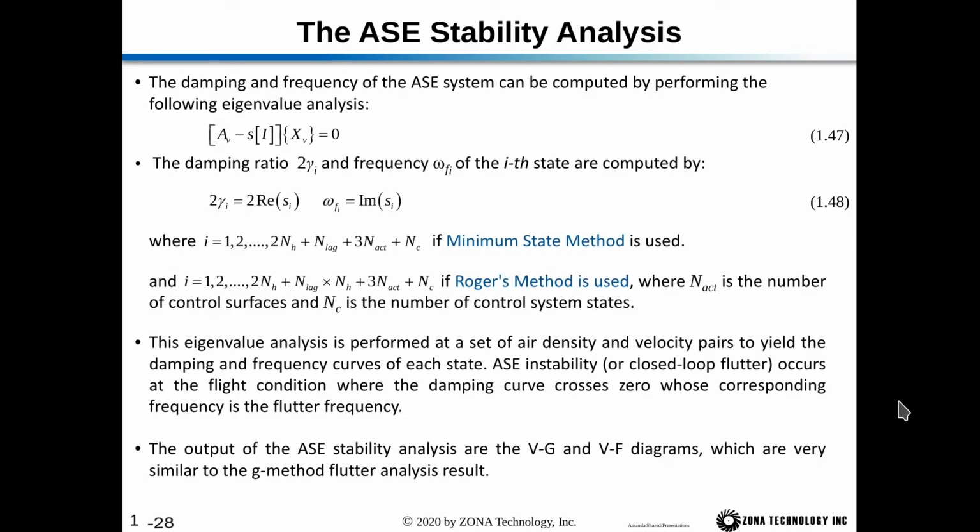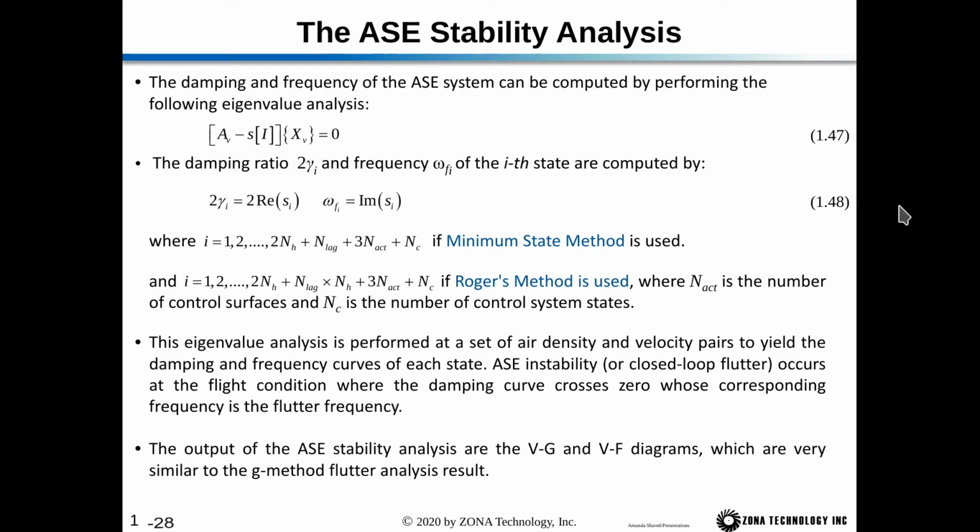So now we'll talk about how ZAERO does the ASE stability analysis. The damping and frequency of the ASE system can be computed by performing the following eigenvalue analysis. So we take our AV, and from the previous slide, we have (AV minus S times I) times XV equals 0.